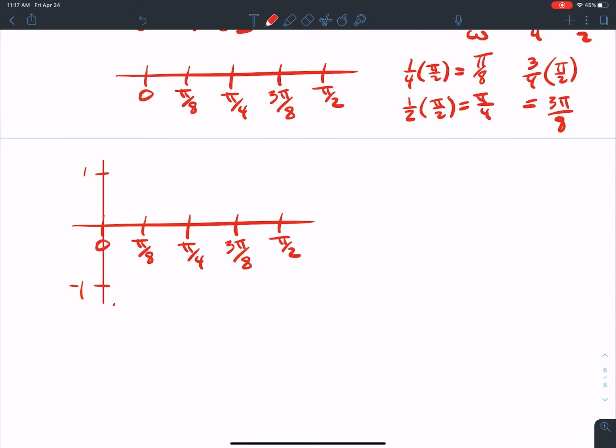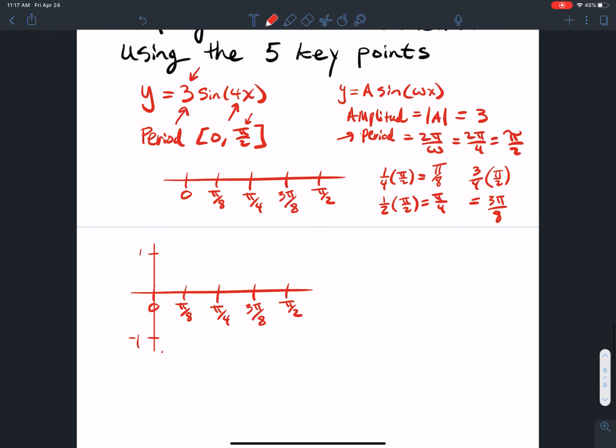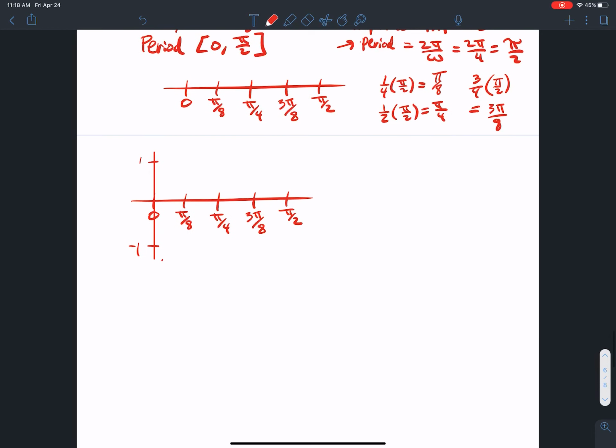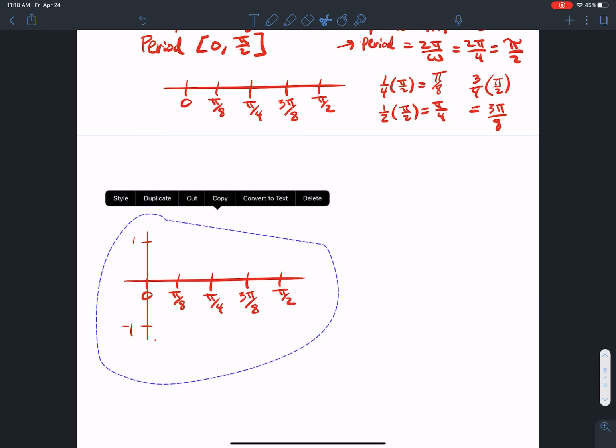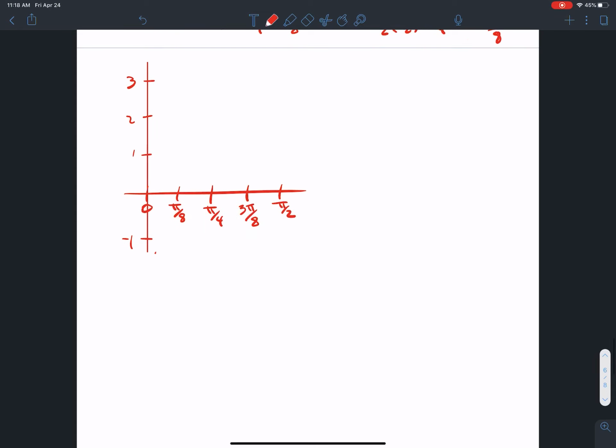However, my amplitude here is 3. So instead of just going from -1 to 1, it's going to go out to 3. So I need to extend this quite a bit more. So 2 and then 3, and the same thing here: -2, -3.